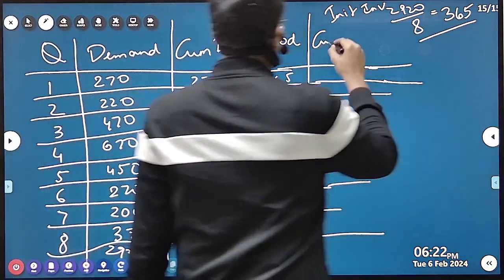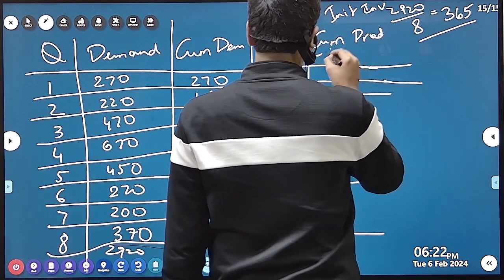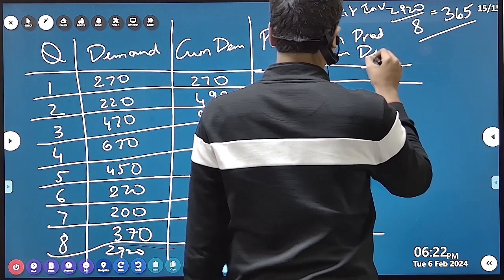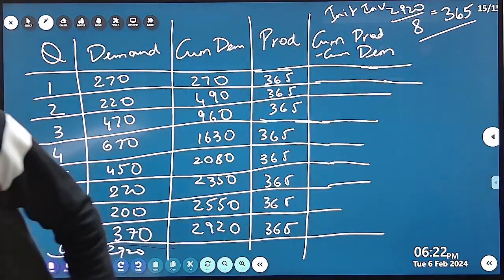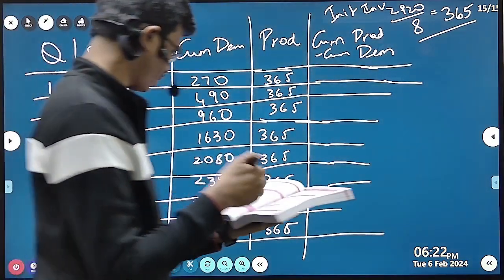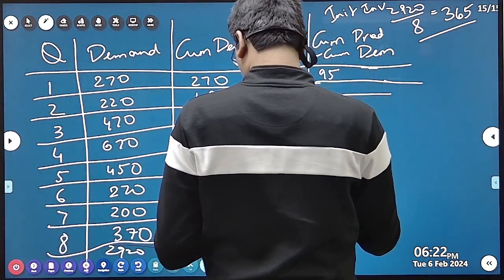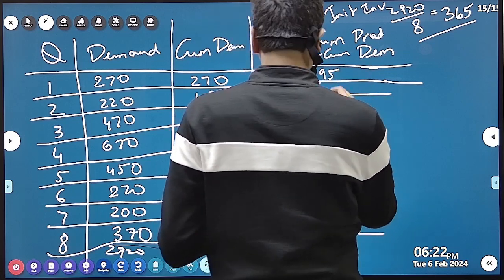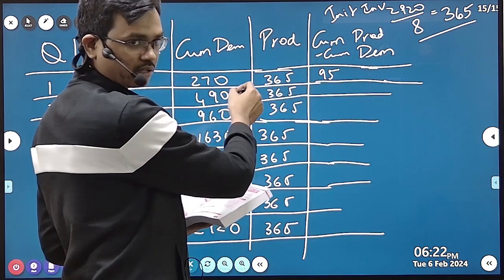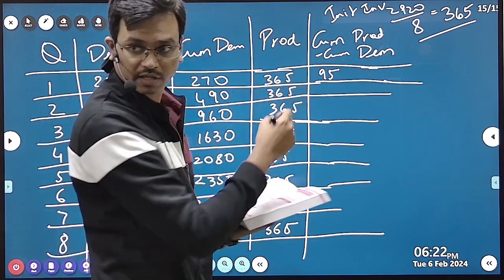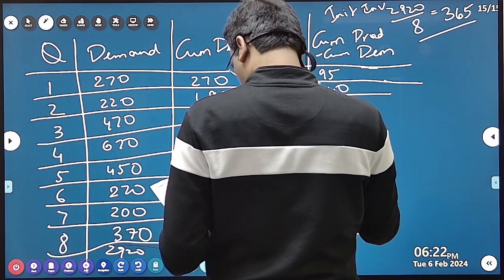So we will do cumulative production minus cumulative demand. 365 minus 270 is 95. Here it will be 365 into 2 minus 490. That is how you calculate cumulative production minus cumulative demand.